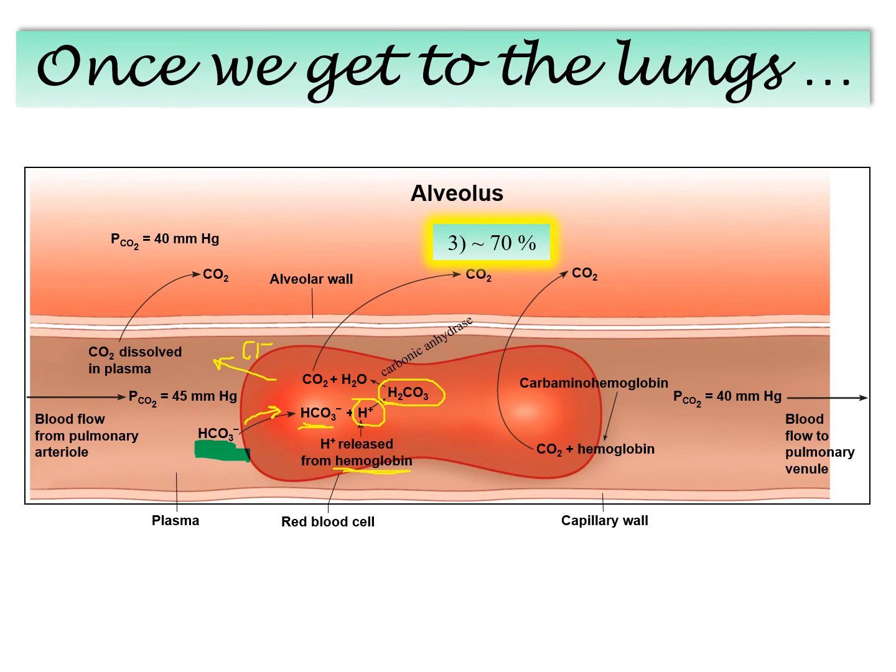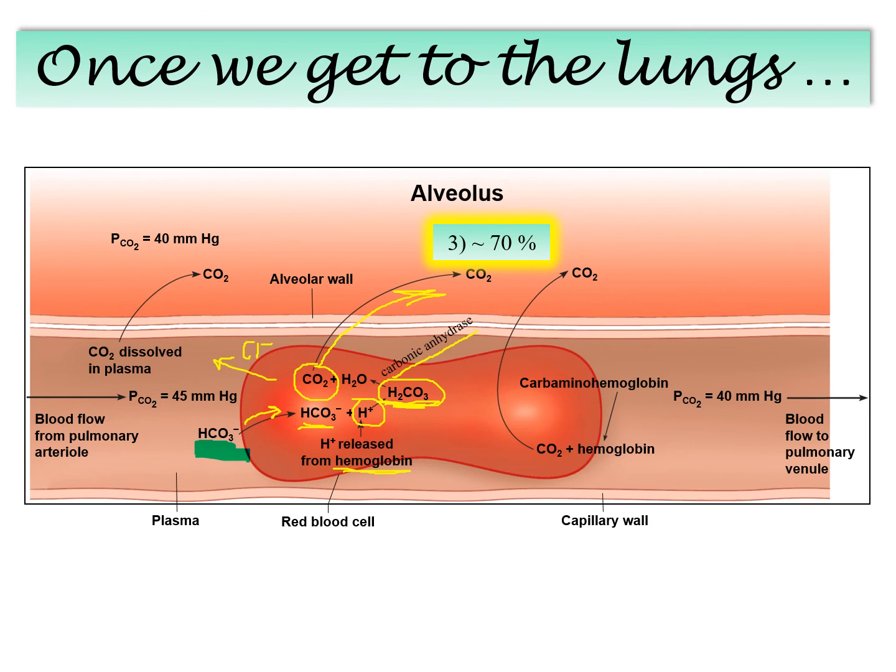And in the presence of that same enzyme, carbonic anhydrase, that carbonic acid is going to be dissociated or broken down into two products. One is water, but here's the one we're interested in. This is CO2. This is the CO2 that's going to leave the red blood cell, cross that respiratory membrane, and get out into the alveolus.